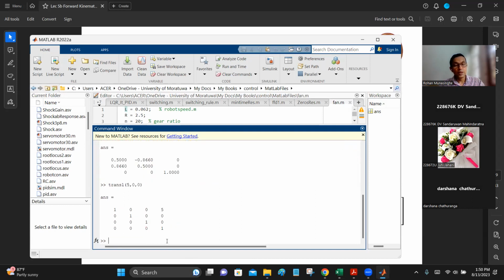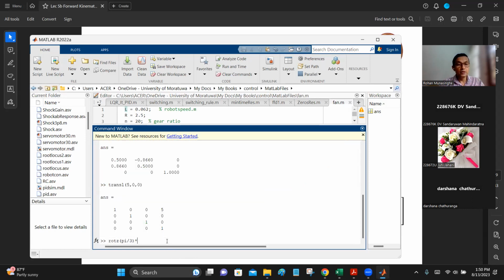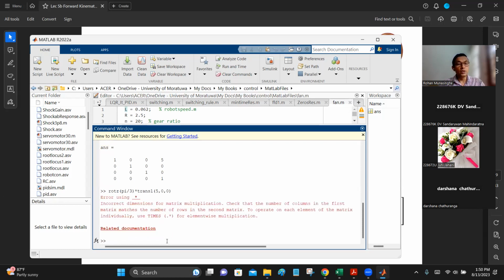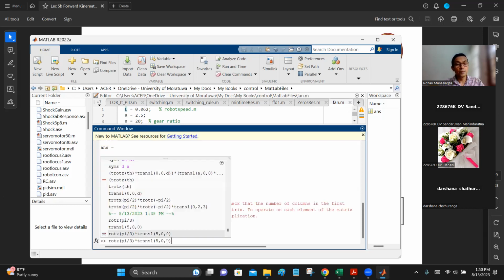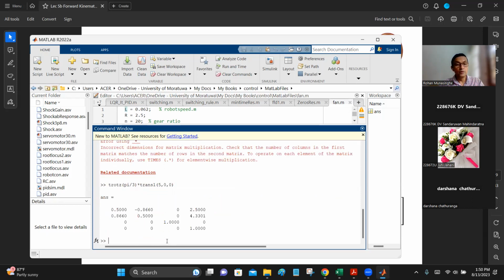That's it. Now, when I combine these two together, what do I get? Rotation and then translation, 5, 0, 0. I get this one. Oops. I have to put T rot here because I need to make sure they are 4 by 4. So this is what I get.